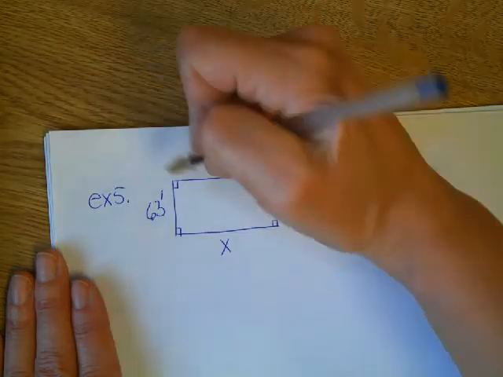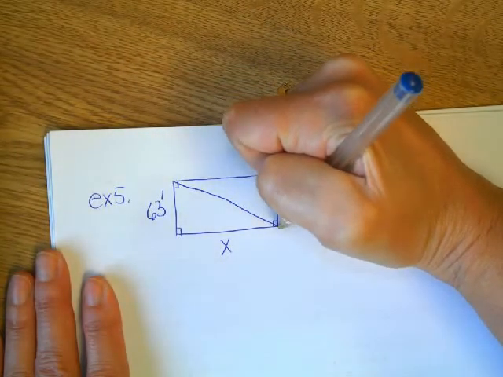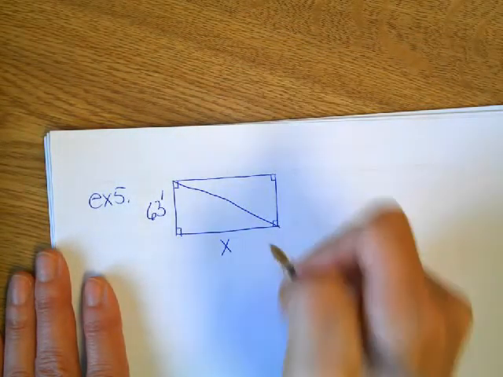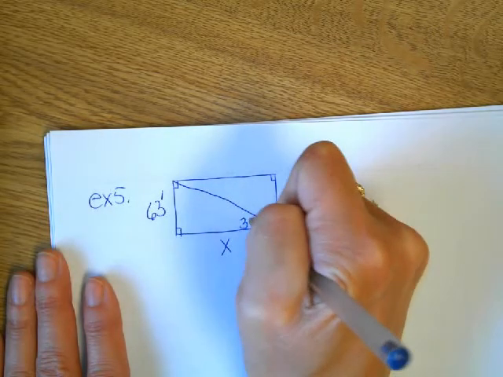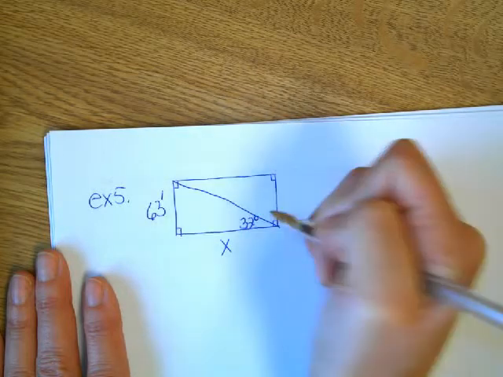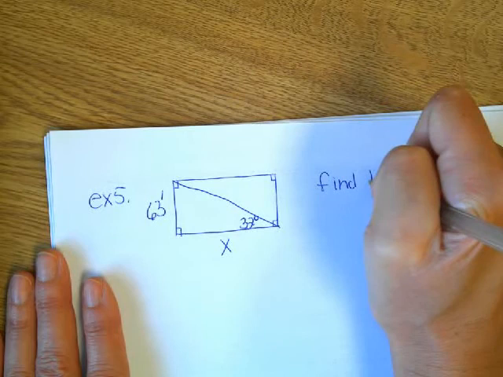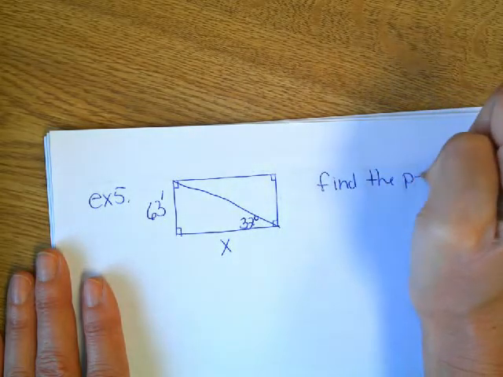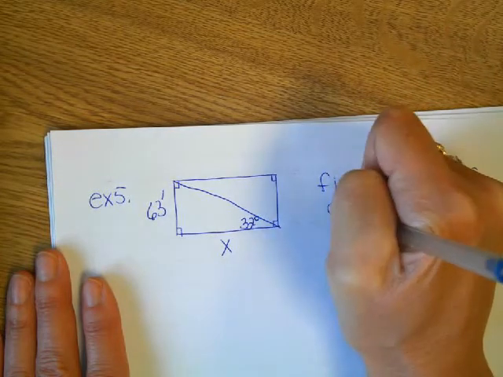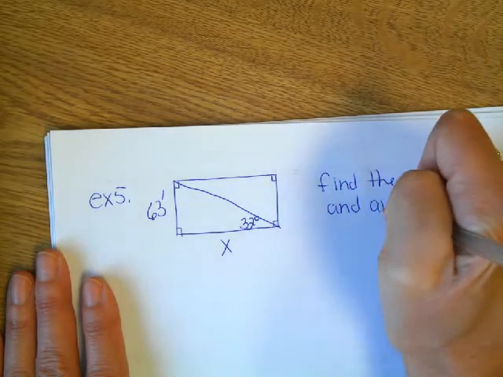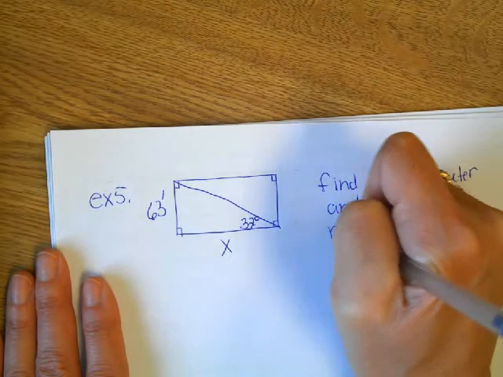And we know if we draw in the diagonal, the angle made with the diagonal and the bottom side is 32 degrees. I am going to ask you to find the perimeter and area of the rectangle.